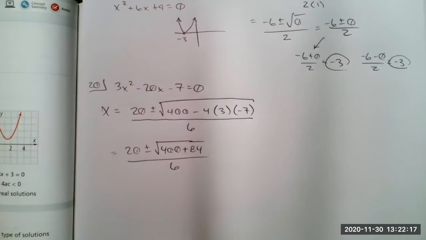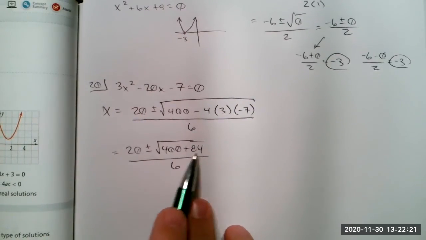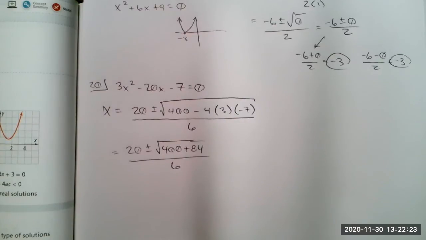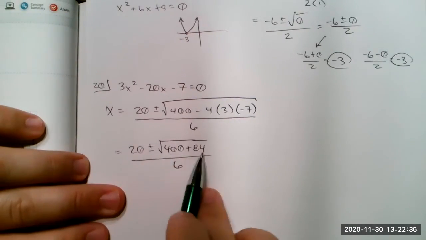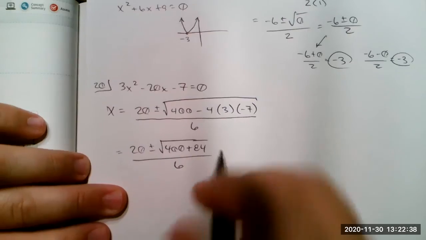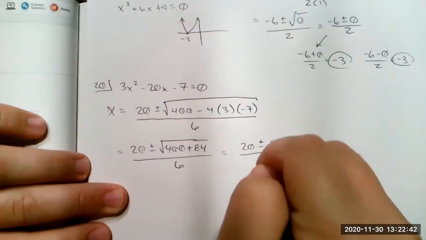I'm going to use my calculator to see if 400 plus 84, that's 484. I'm going to see if the square root of 484 is a nice number. Let me check. Perfect. It's 22. So 400 plus 84 is 484. The square root of 484 is 22.